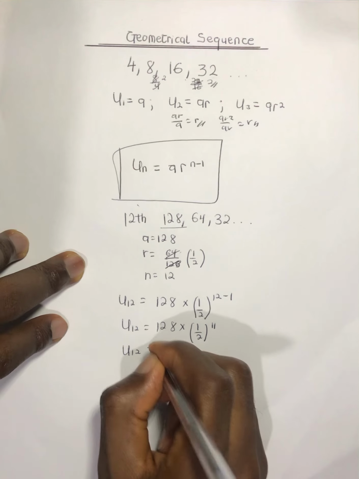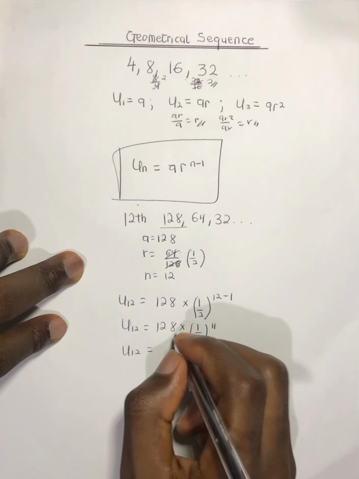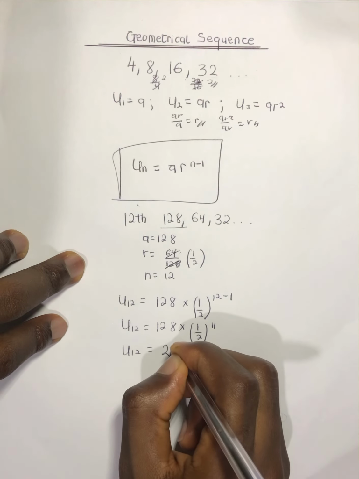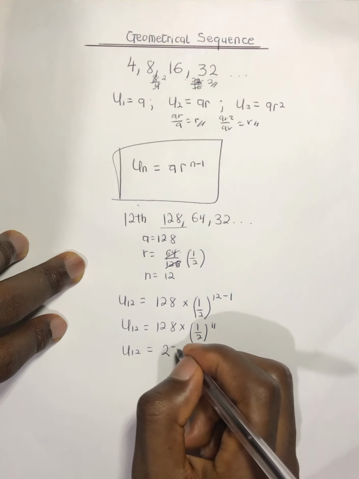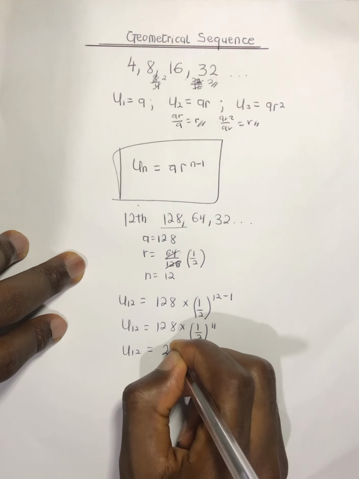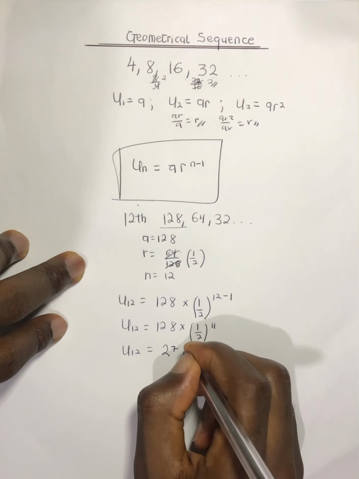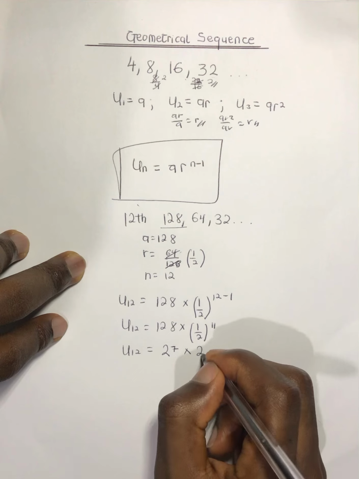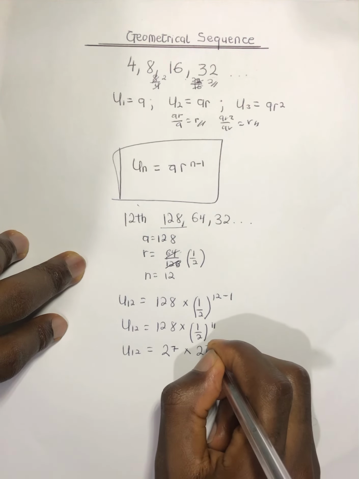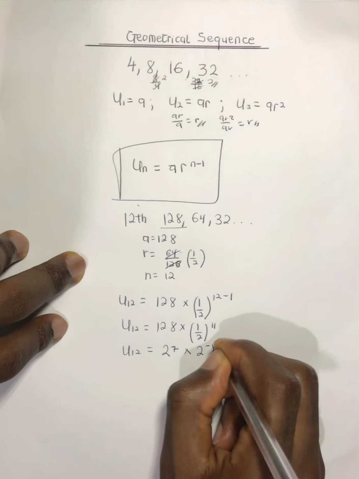One simple method of solving this is by expressing 128 as a power of 2, and 2 to the power of 7 gives us 128. And also, by indices, we can bring the 2 up, and the 2 will be to the power negative 11.